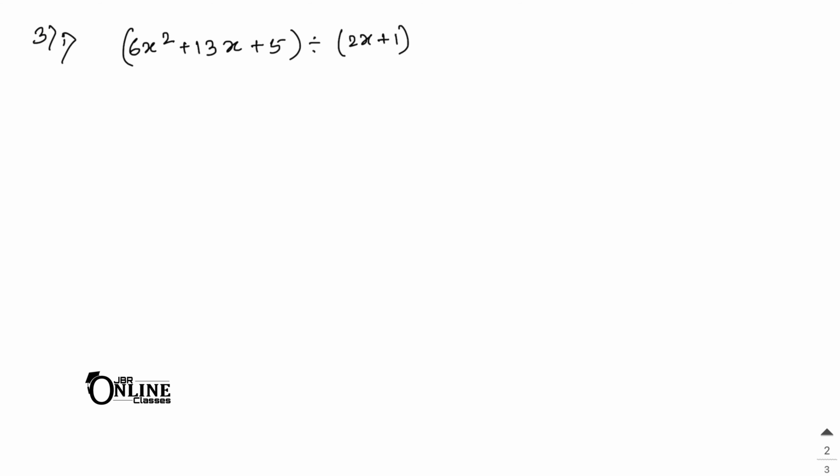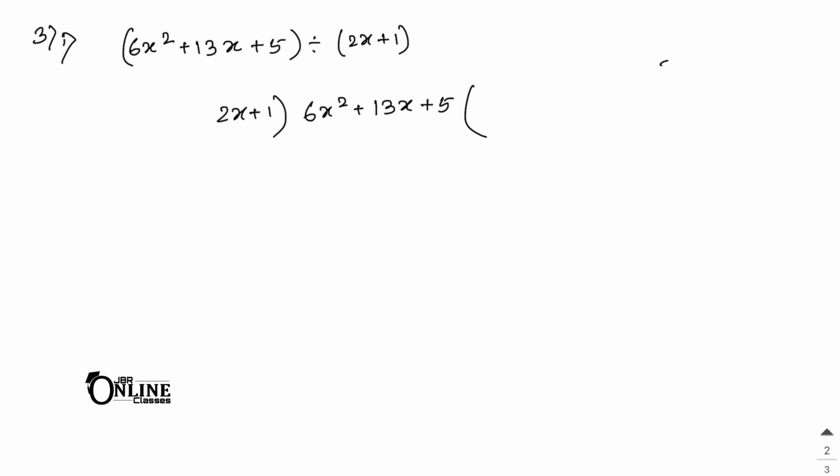do one thing. First you write down 2x plus 1 as the divisor, and then 6x square plus 13x plus 5 as the dividend. Okay, now here is step 1. First step, you have to equal the first term with the divisor.